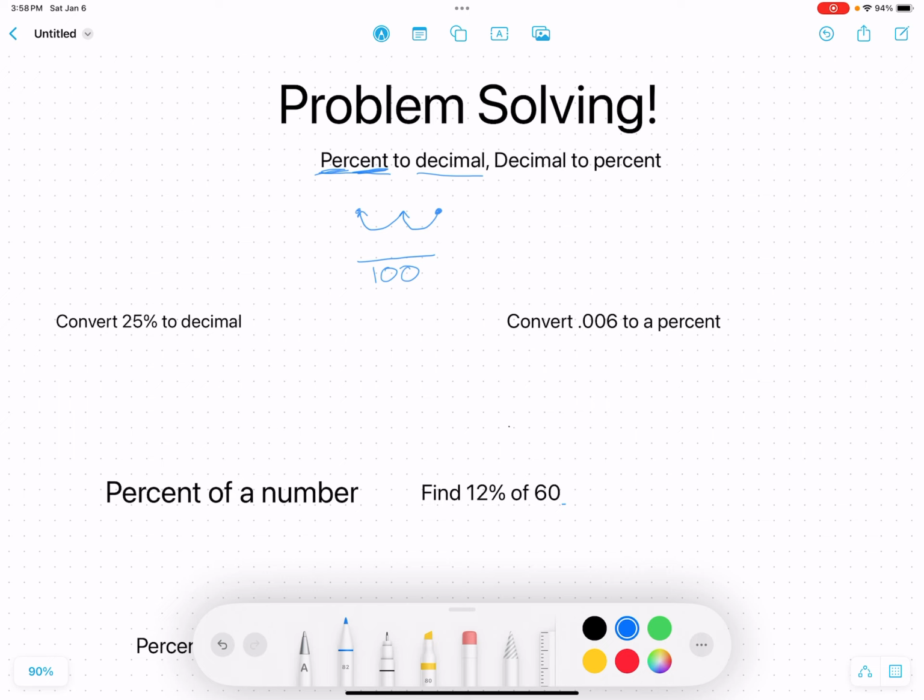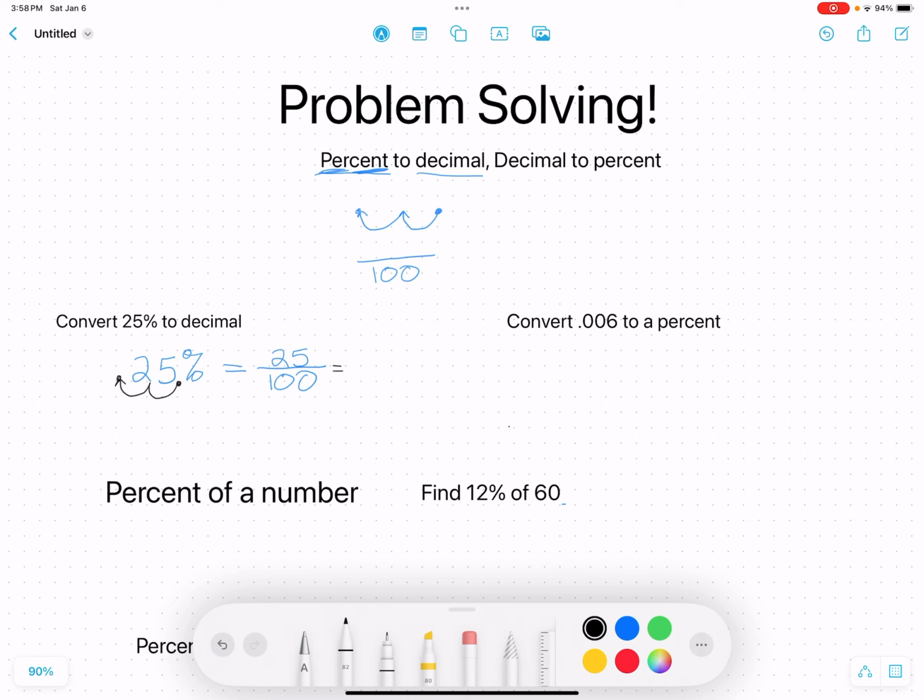So if I want to convert 25% and I want to make it a decimal, I have 2 choices. I can either divide that by 100, which is a totally great thing to do, or I can simply take the decimal, which, by the way, if there's not a decimal in a number, it is understood to be at the end of that number, and I move it 2 places to the left.